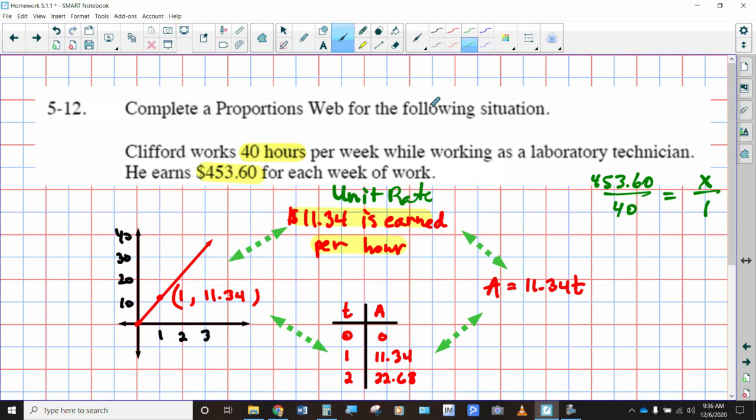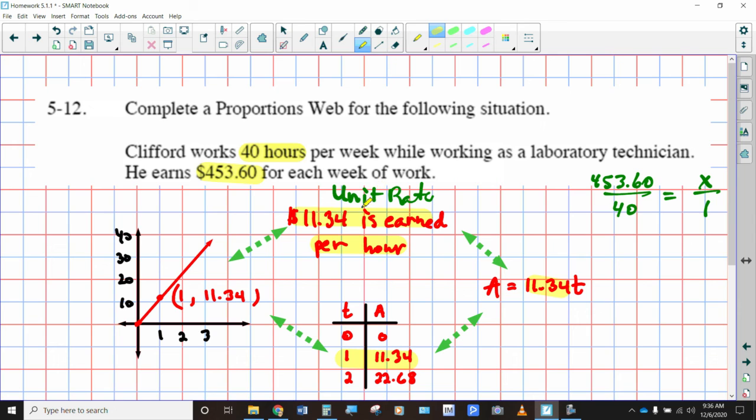now we can put that unit rate into an equation. We could stick it into a table of values, and remember 0, 0 will be a part of the situation because it's proportional. If you don't work any hours, you don't make any money. So if 1 hour is 11.34, then 2 hours would be 22.68, and 3 hours would be 3 times 11.34, and 4 hours would be 4 times 11.34, and so on and so forth.